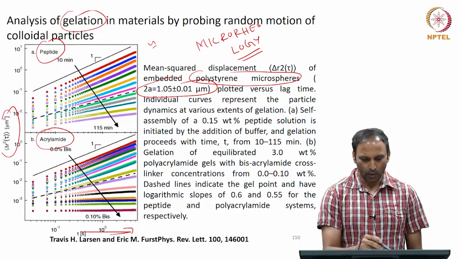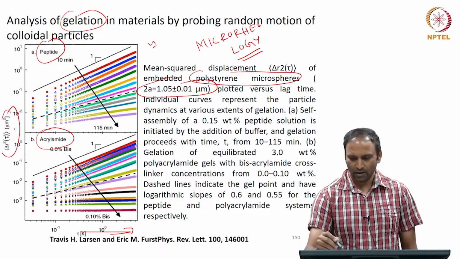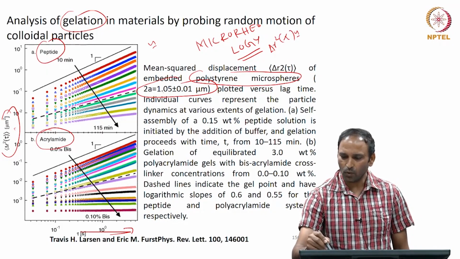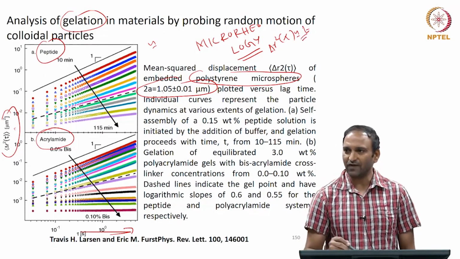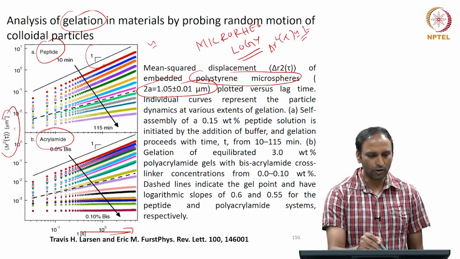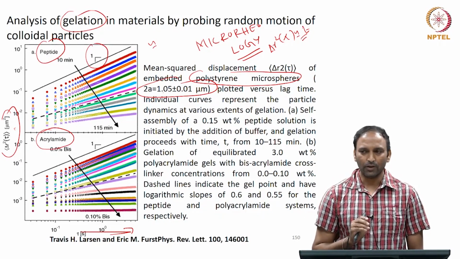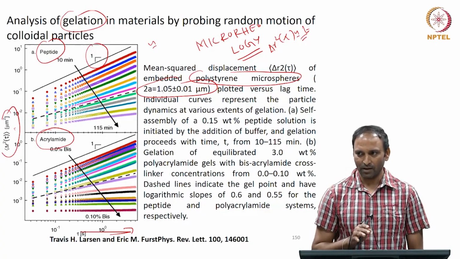What is being measured is mean square displacement as a function of time, and we learnt that the mean square displacement will go as t. That means the prefactor will have a slope of 1 if the particles are in a viscous fluid. They are purely diffusive.